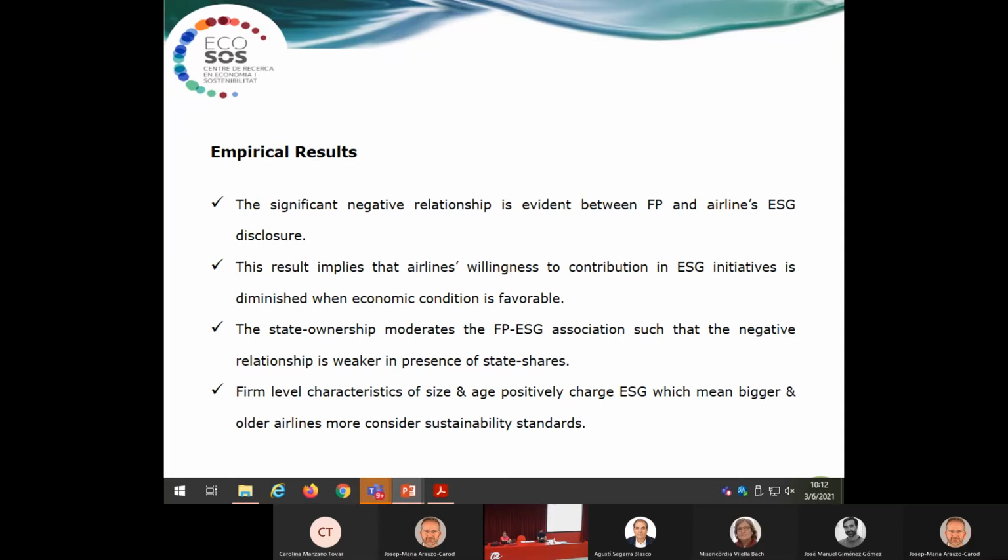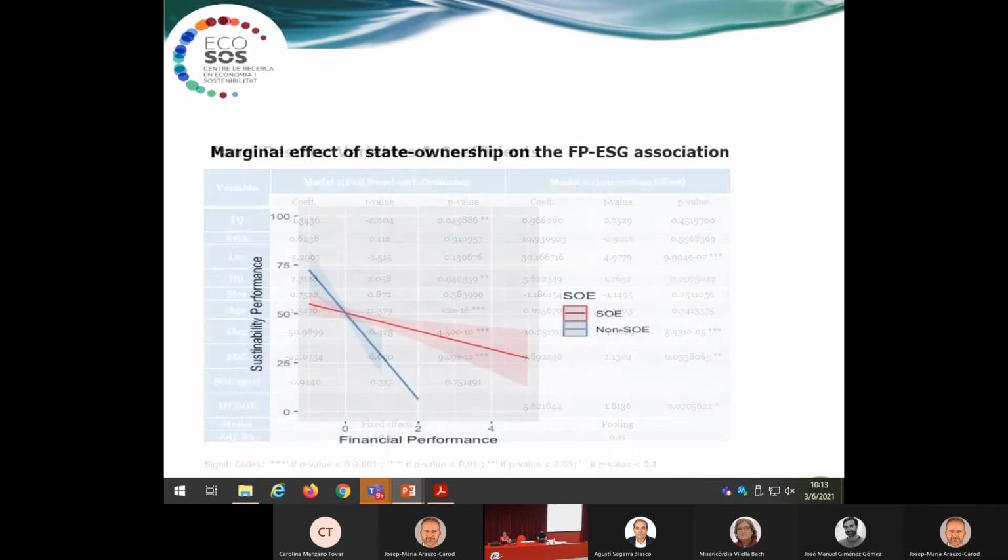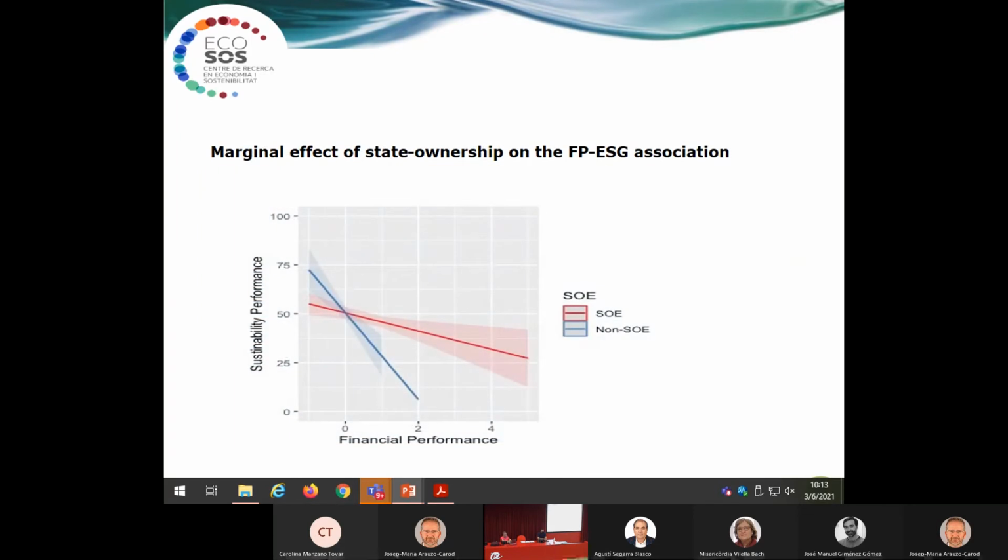We also find that state ownership moderates the relationship between financial performance and ESG. As depicted here, you can see that we have two lines with a negative slope, which shows the negative relationship between financial performance and ESG.